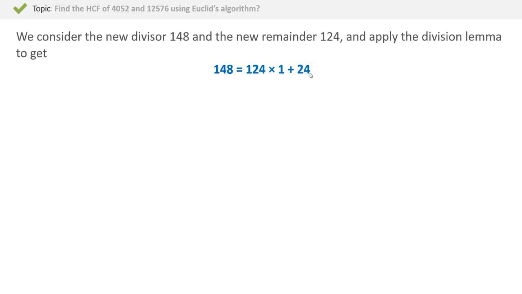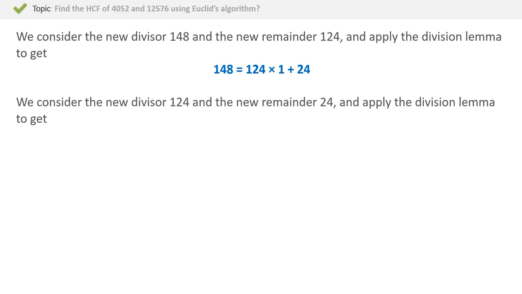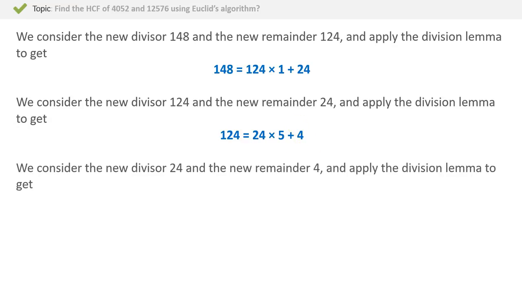I still have a remainder and it is not 0, so I move further, and now I represent 124 as 24 multiplied by 5 plus 4, and even in this case my remainder is not 0, so I have to move further.